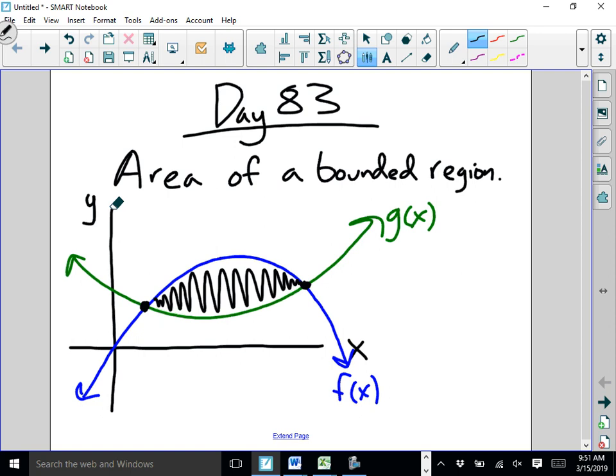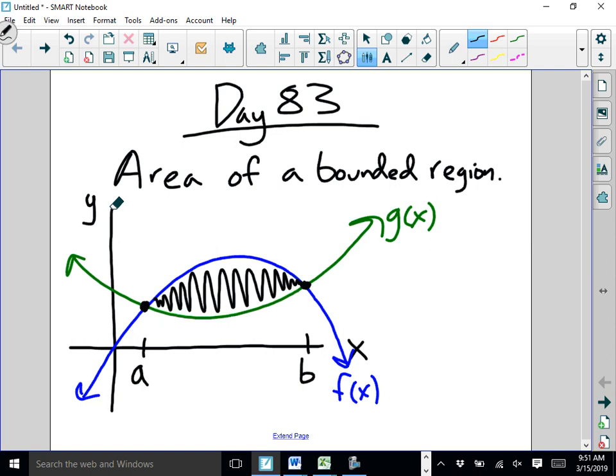And those are points, so they have x values and y values. But what's going to be important to us right now in this particular problem is the x value. So we need to figure out where those two functions are equal so we can find those intersections. Right now, I'm just going to call the x value here A, and I'm going to call the x value here B.